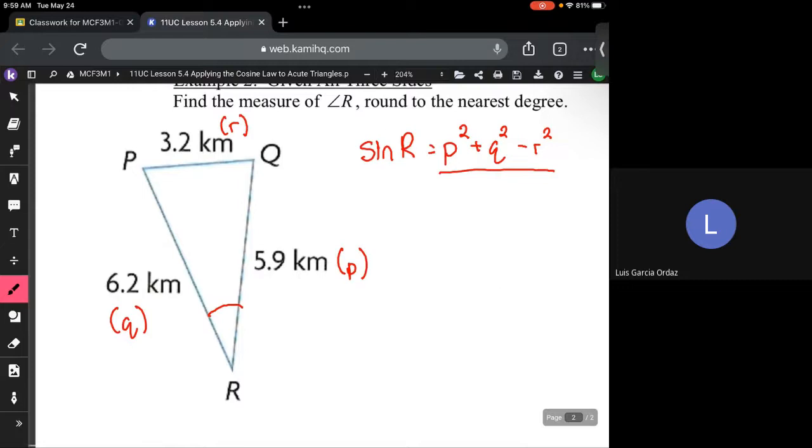So whenever we're finding the angle for sine, that last part, so we're finding sine R, right? You know how most of them have, like, say if we have cos A, it's B squared plus C squared minus A squared divided by 2BC.